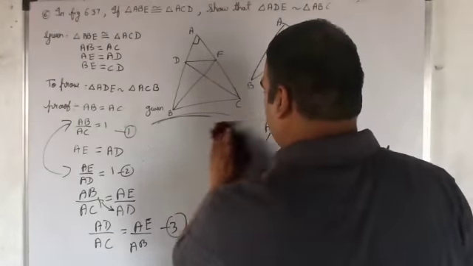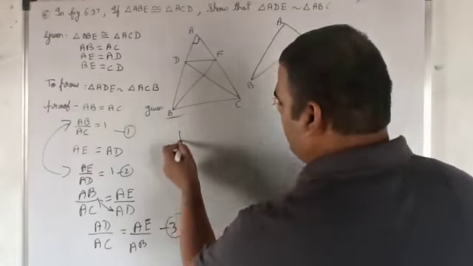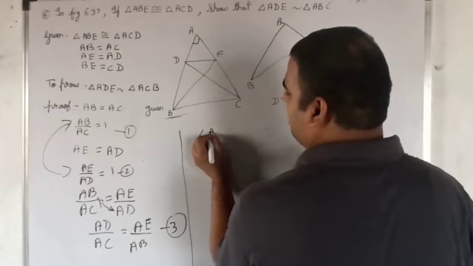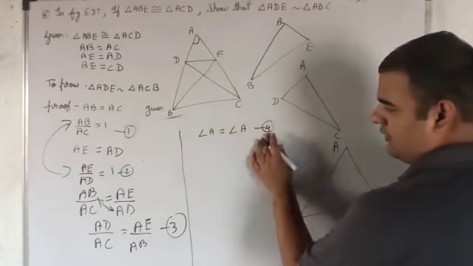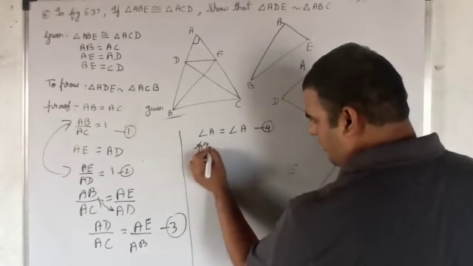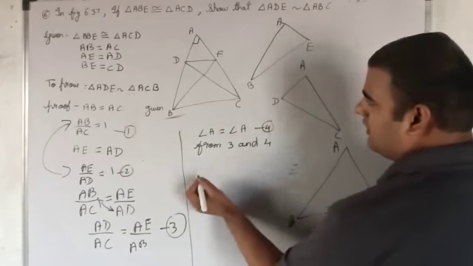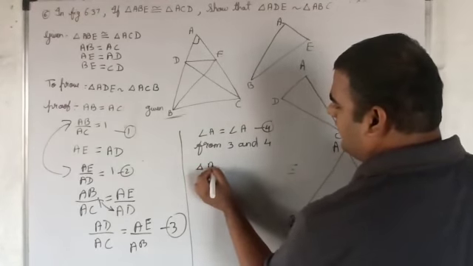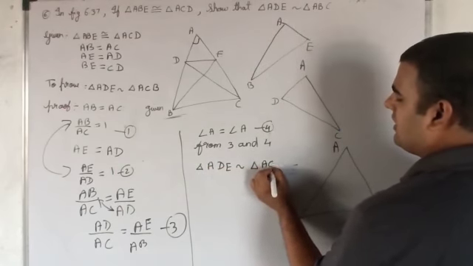Now, the next step: we can say angle A equals angle A. Name this as 4. So from 3 and 4, you can say triangle ADE is similar to triangle ACB.